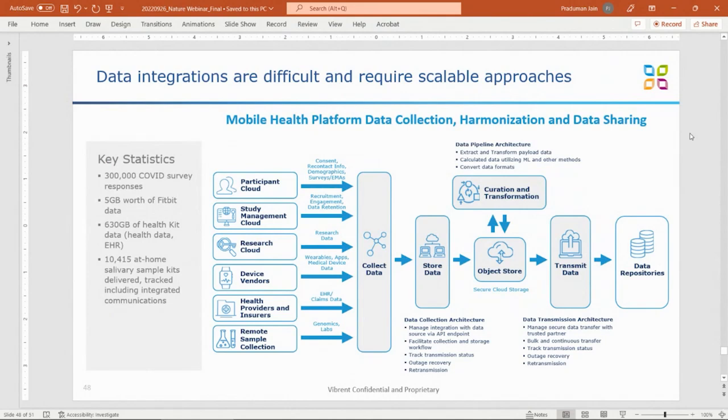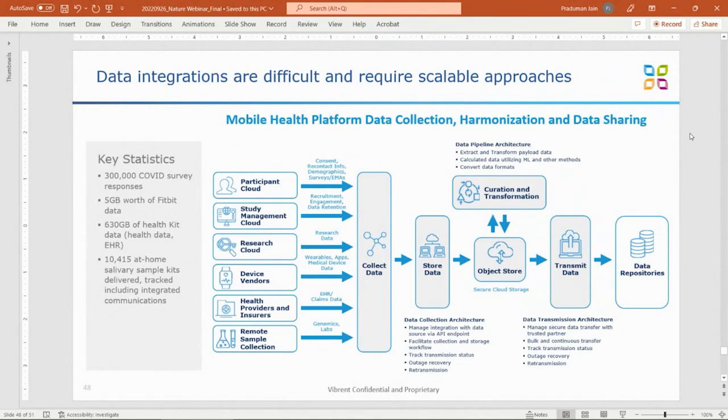Dr. Inan was talking about surveys and doing sample collection through community-based kits, and about data from wearable devices and mobile devices, and being able to harmonize that data.